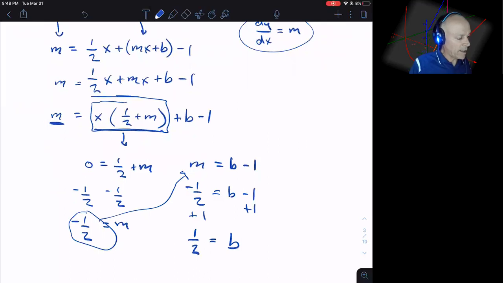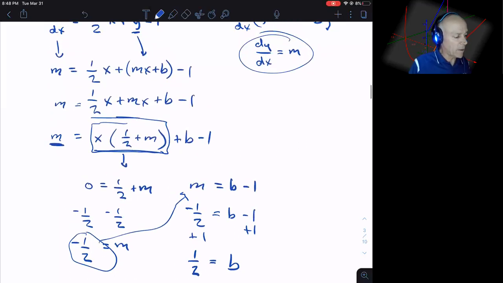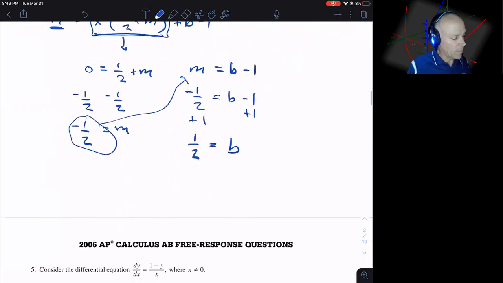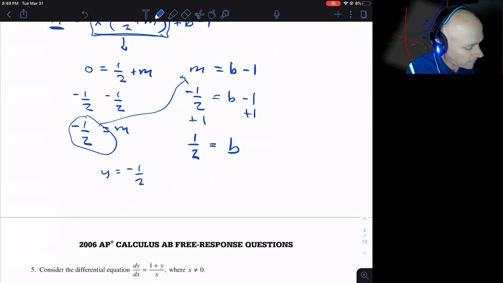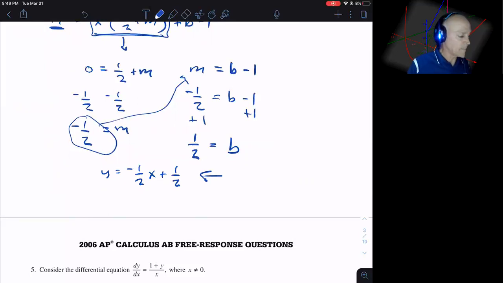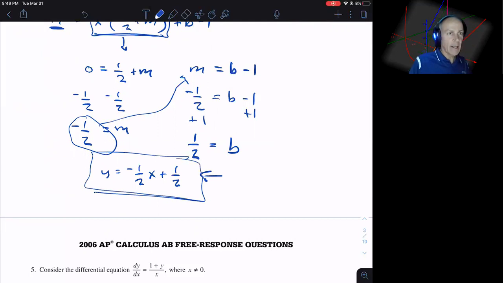If I plug that into slope-intercept form, y equals -1/2 x plus 1/2. That should look familiar because that was our linear equation above which the solution curves are all concave up.